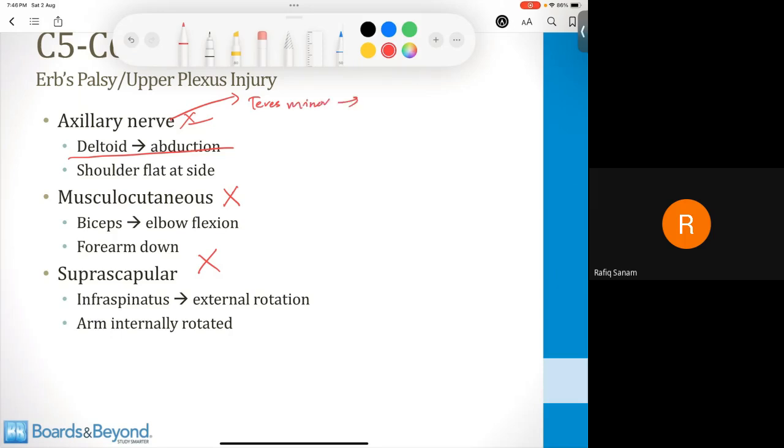External rotation. It means we won't be having external rotation in this baby, so the arm would be internally rotated. Adducted, internally rotated, and abduction would be gone. The hand is going to be adducted because the opposite group of muscles, the adductors, are going to dominate.